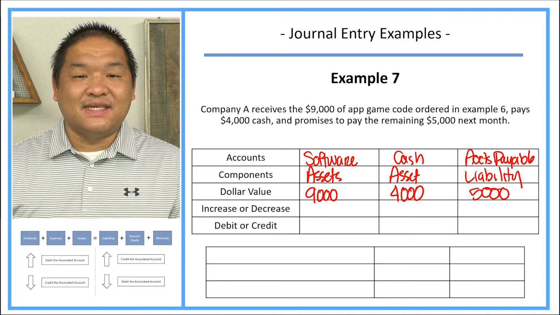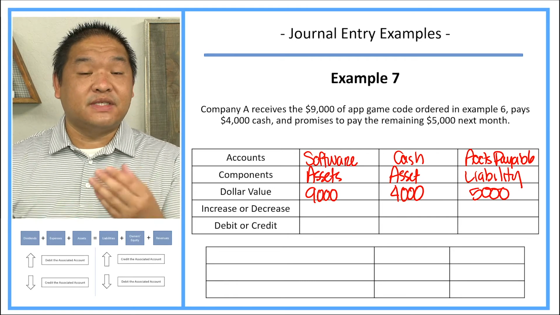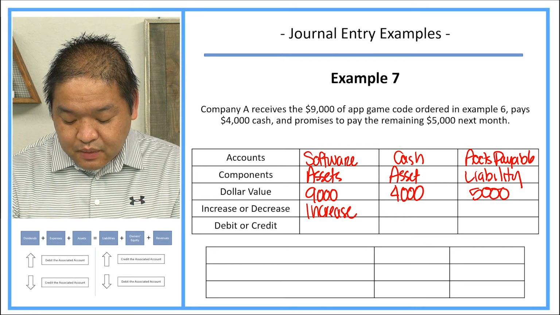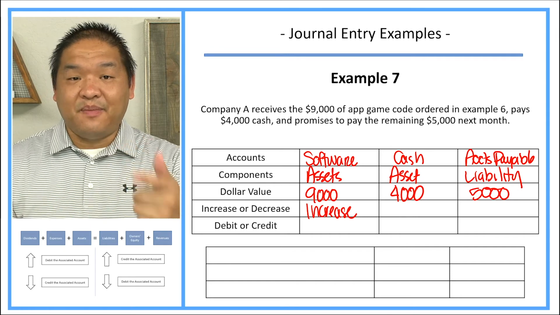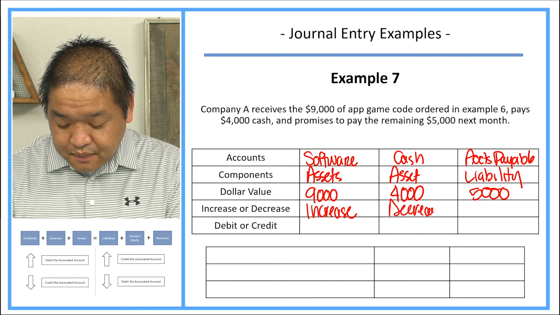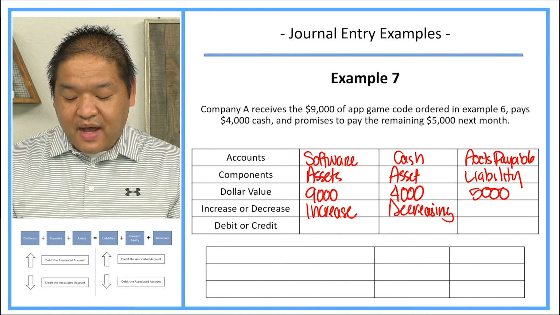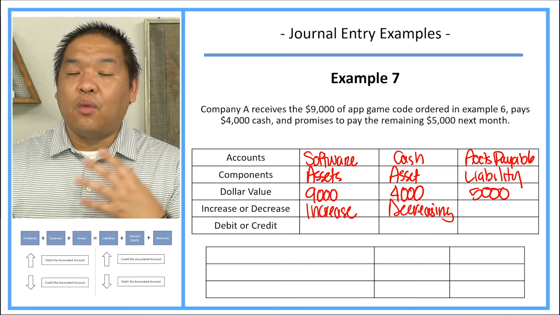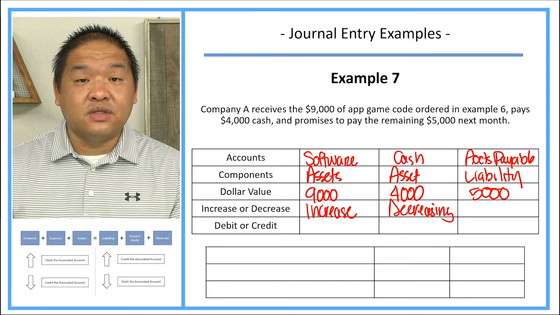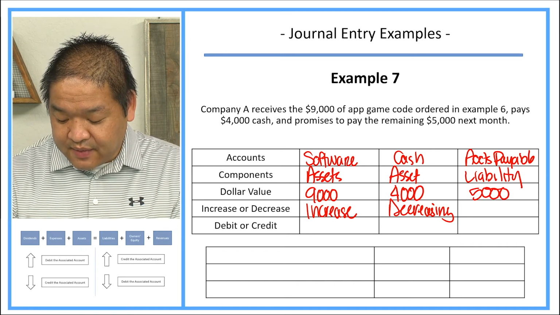All right, software, is it increasing or decreasing? Well, we're receiving software, so it must be increasing. Cash is out of my pocket, so that's definitely decreasing. And what about the accounts payable, liabilities? Do I have more of it or less of it? I have more of it. I owe $5,000, so I'm going to increase my liability.